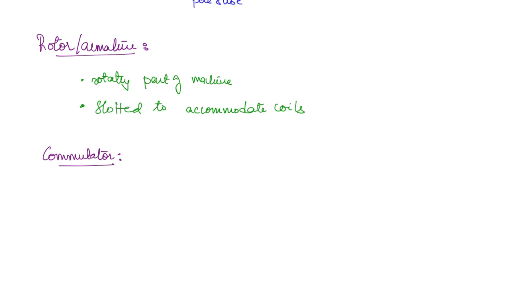Now when we were discussing the basic construction, we discussed only one coil, and each end was connected to one half ring, or what you call a split ring. In actuality there will be a number of coils present. So the commutator is going to be like this. You can consider it like a cylinder on which there are multiple segments.